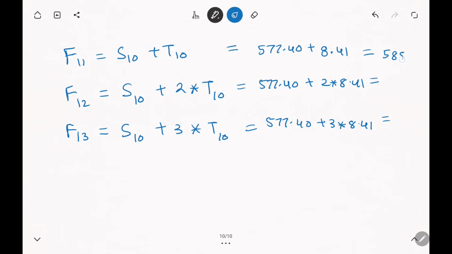For time periods 11, 12 and 13, we simply carry forward the same S10, basically the same smoothed level and trend values, and simply say that this is our stabilized trend value that we'll use. So S10 plus T10 is F11, S10 plus twice T10 is F12, and S10 plus thrice T10 is the forecast for period 13.